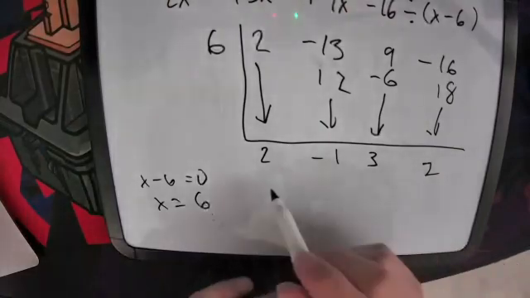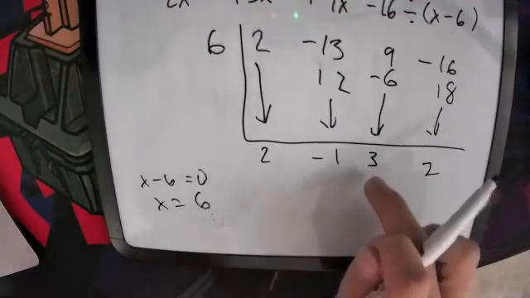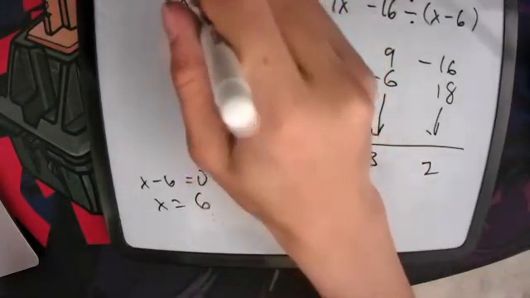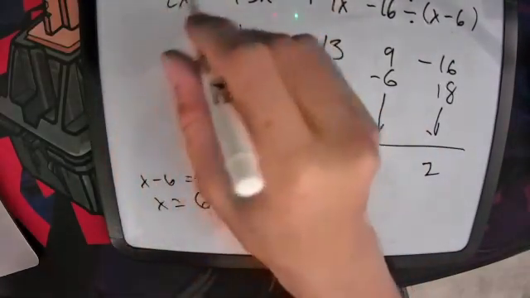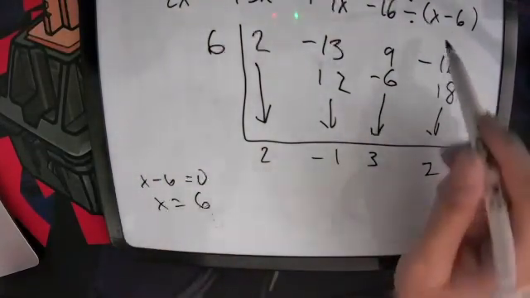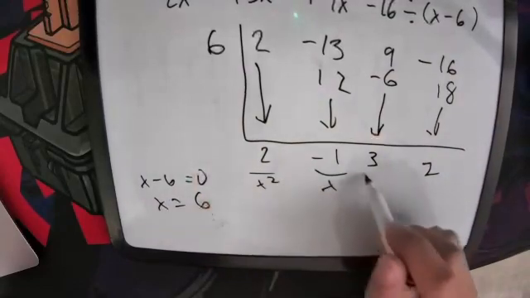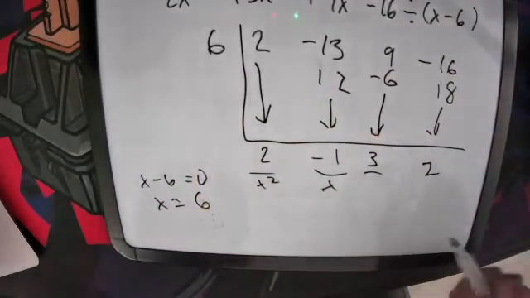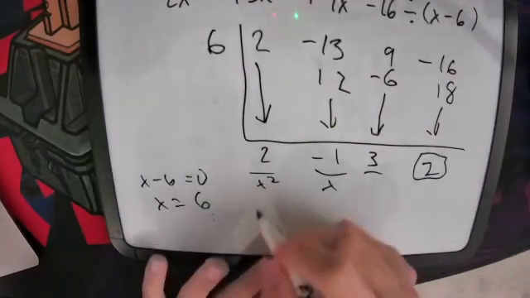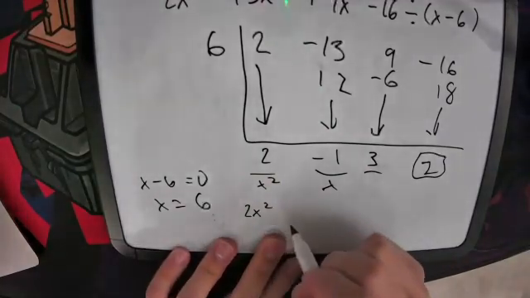Alright, so like I've been doing before, this is in descending degrees, starting with, I just noticed I wrote that up here. So this is going to be x to the third. So we divided by a binomial, so that's going to be x squared, x, and no variable. But what do we do over here? This is our remainder. So we write down the polynomial with the coefficients like normal.